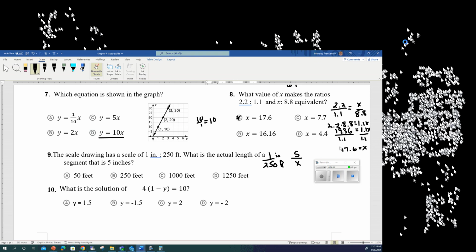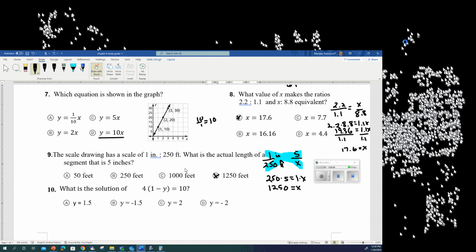We're looking for X. When we cross multiply again, we have 250 times 5, and 1 times X. 250 times 5 is 1,250. That equals 1 times X, which equals X. So my answer is D.